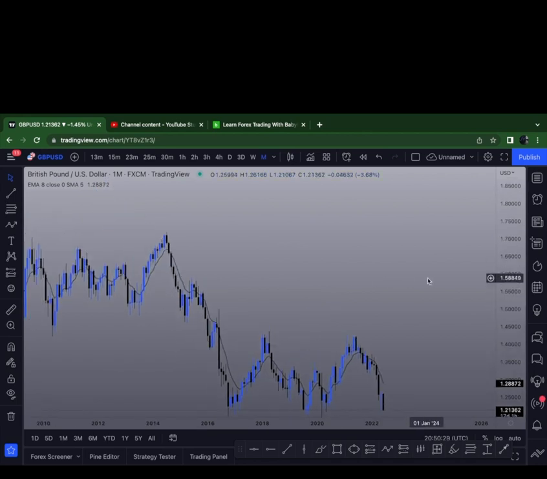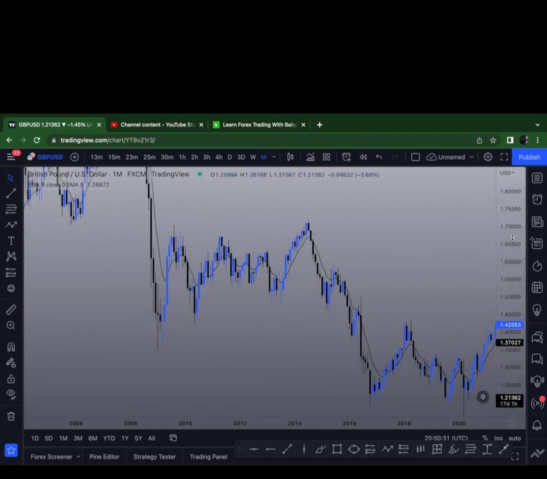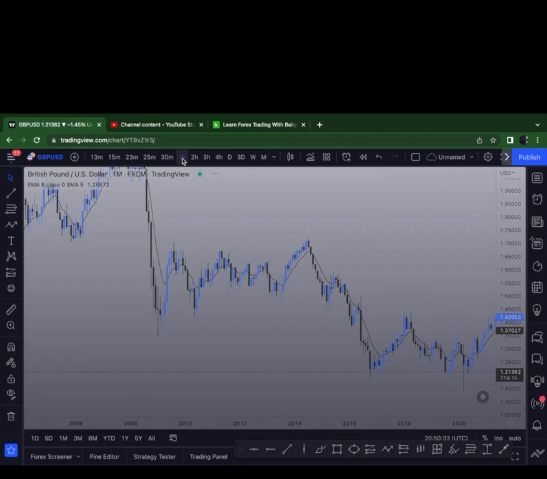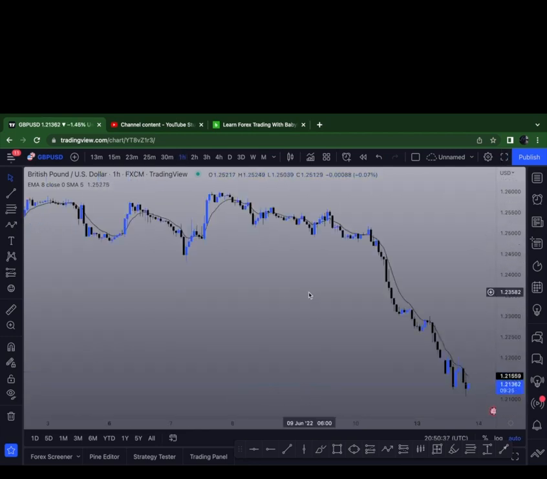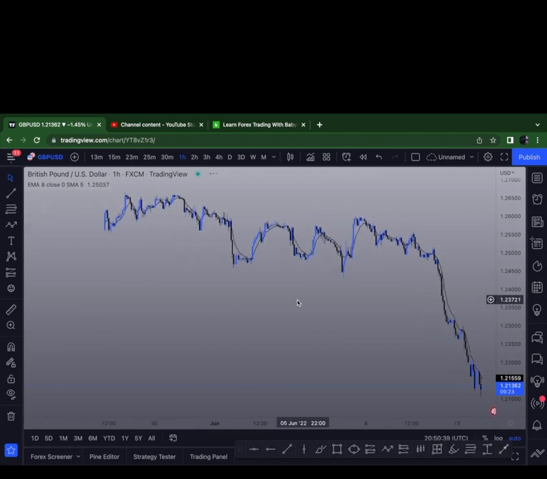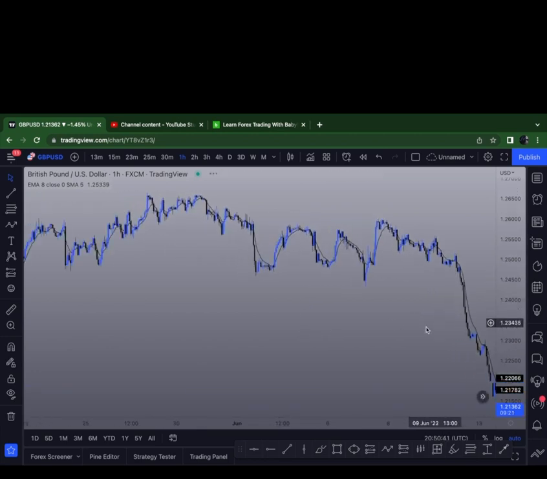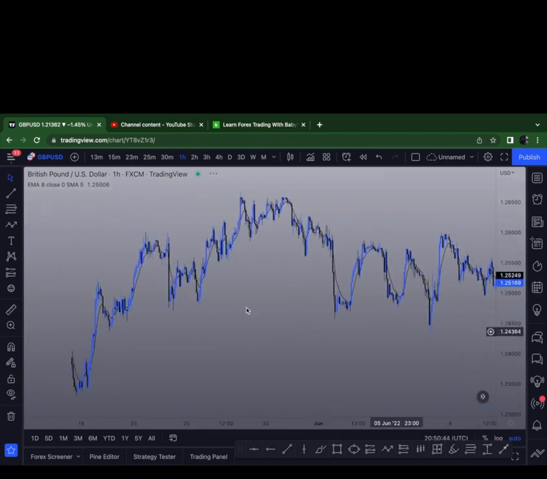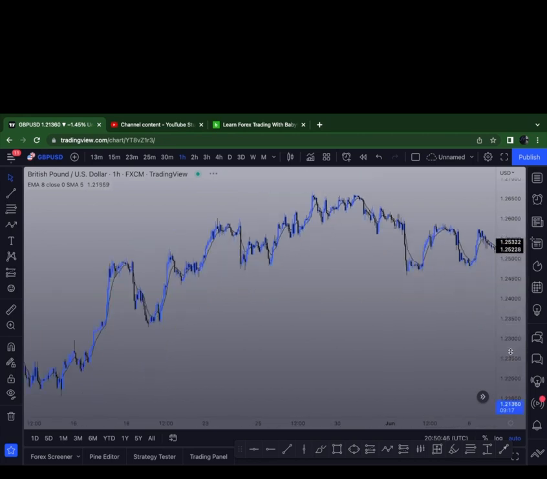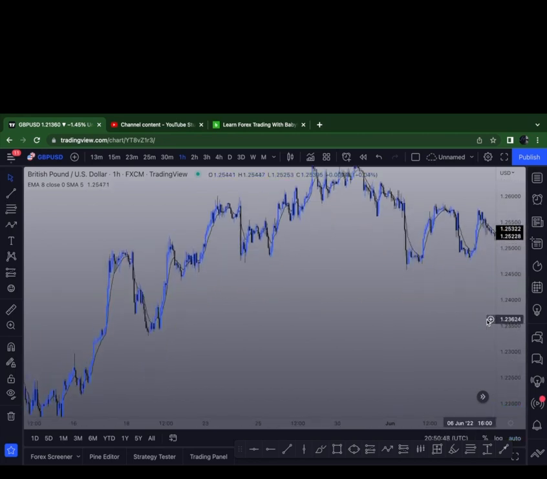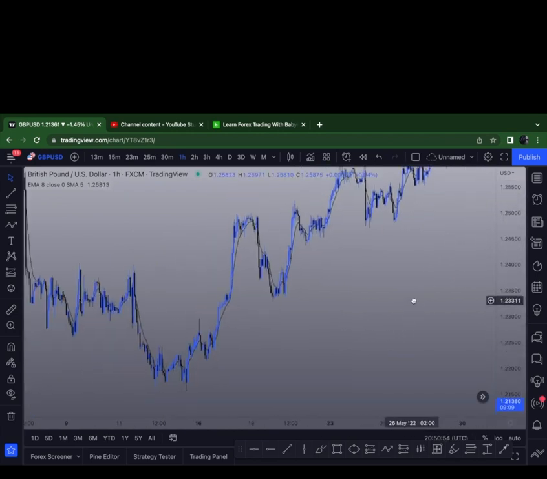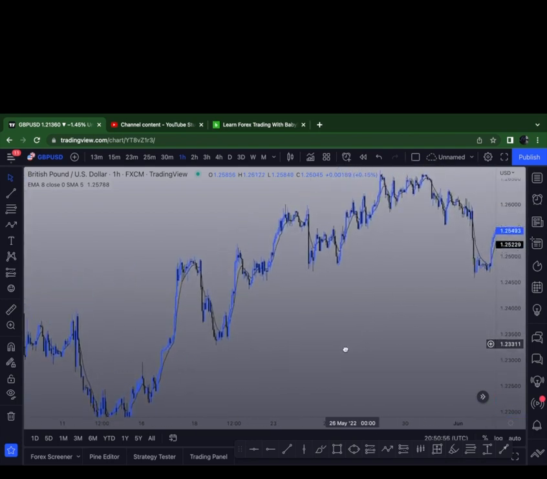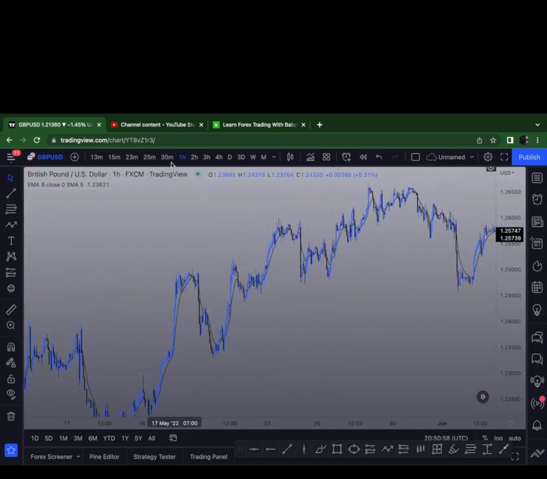Now let's go to the chart here to get an example of how this works. So let's go to the 1 hour time frame. Okay. Let me check 30 minutes.